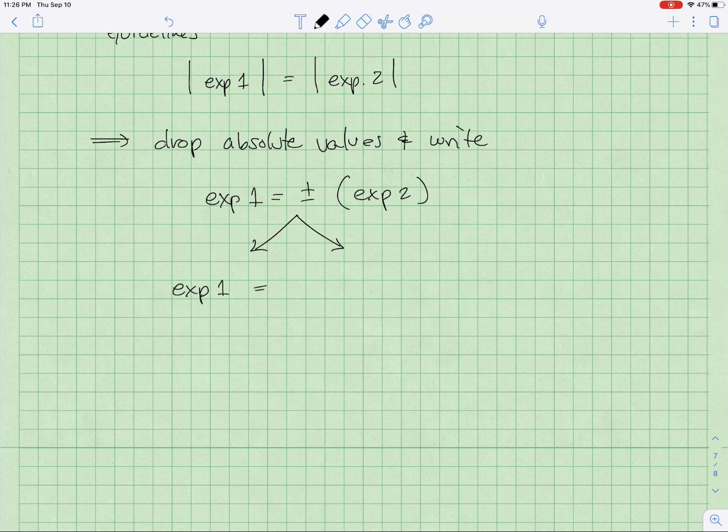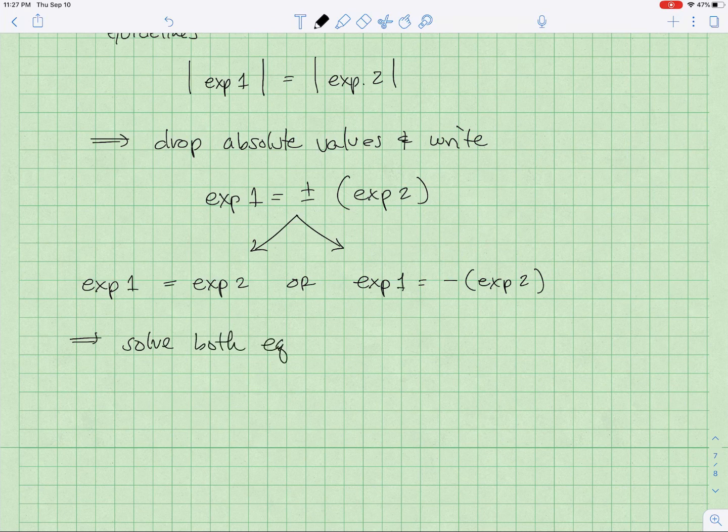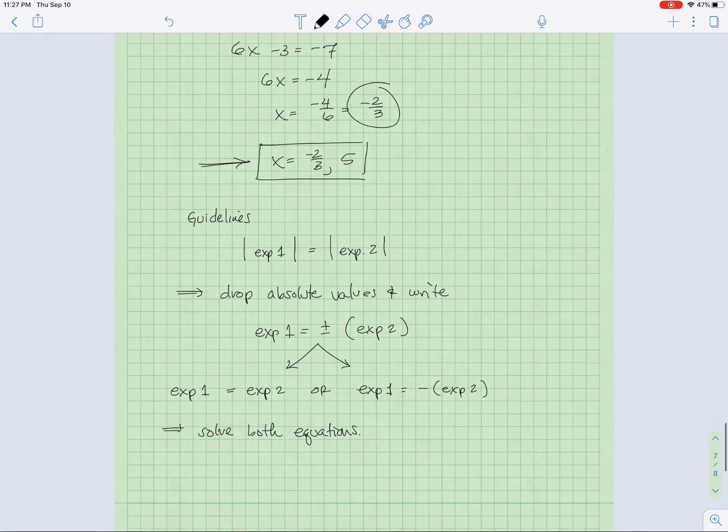Expression number 1 is equal to expression 2, or expression number 1 is equal to the negative of expression 2, and then solve both equations.